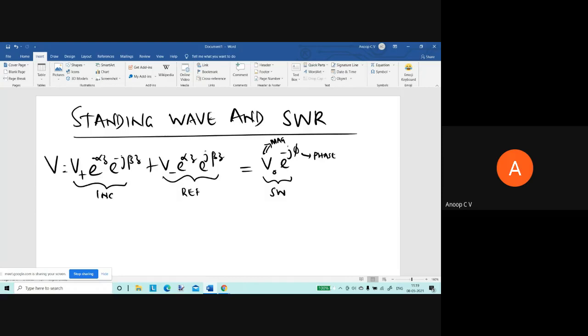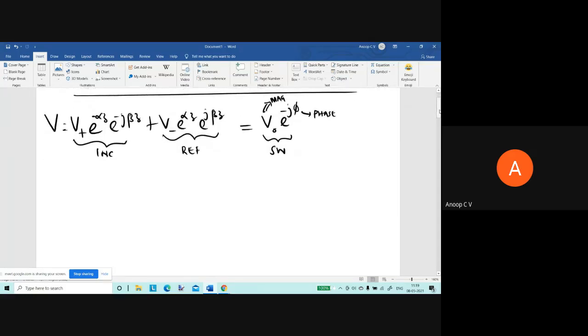That is what we have seen in the last class, and we also derived what V naught is. I'm just trying to summarize what we have learned in the last class so that I can move ahead to the next topics. So what was V naught? I'll write it. Please correct me if I am wrong.